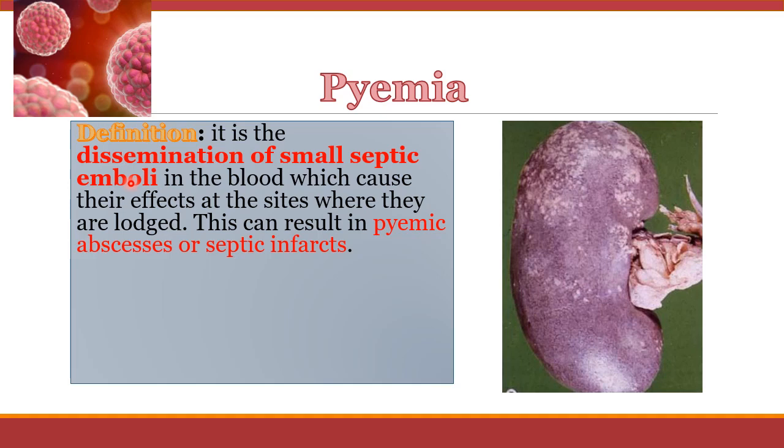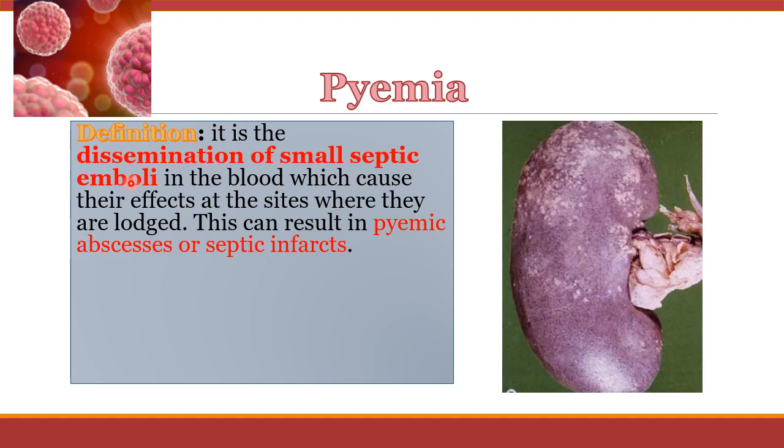So again, let's repeat the definition slowly. In this case of pyemia, we have widespread small septic emboli, which means small masses or groups of platelets, fibrin, bacteria, and RBCs clumping together, circulating in the blood. They will move around until they reach a very small vessel. They will stop at this vessel and will do one of two things.